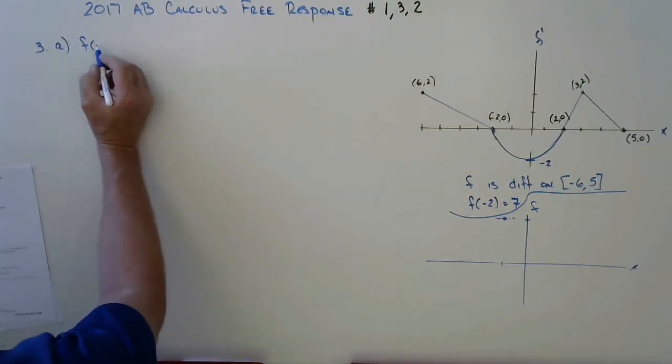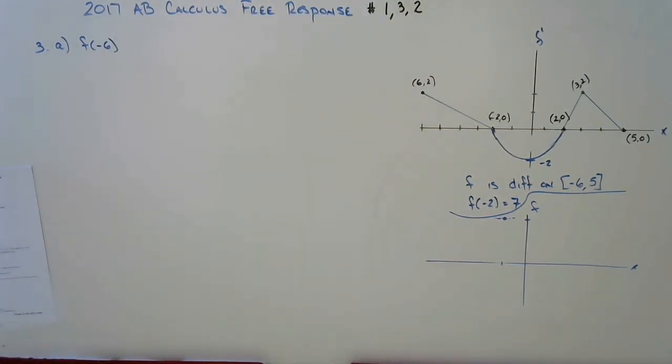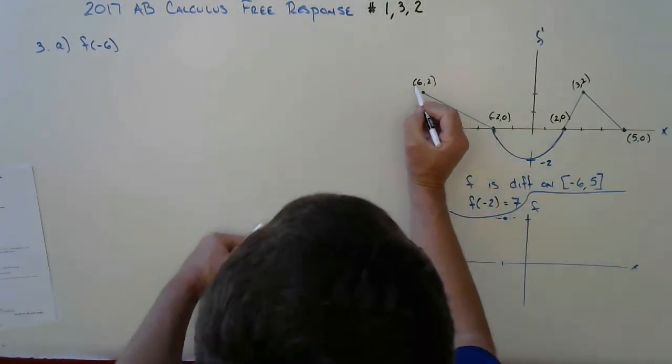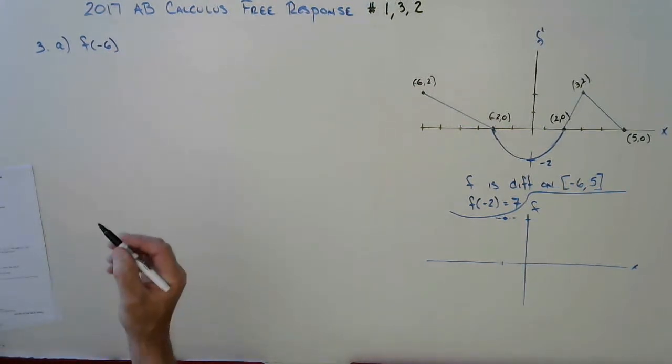says find f of -6. All right, f of -6. Now we know what f prime of -6 is. Actually, we don't because somebody mislabeled that. We don't know what f of -6 is. But we do know something.